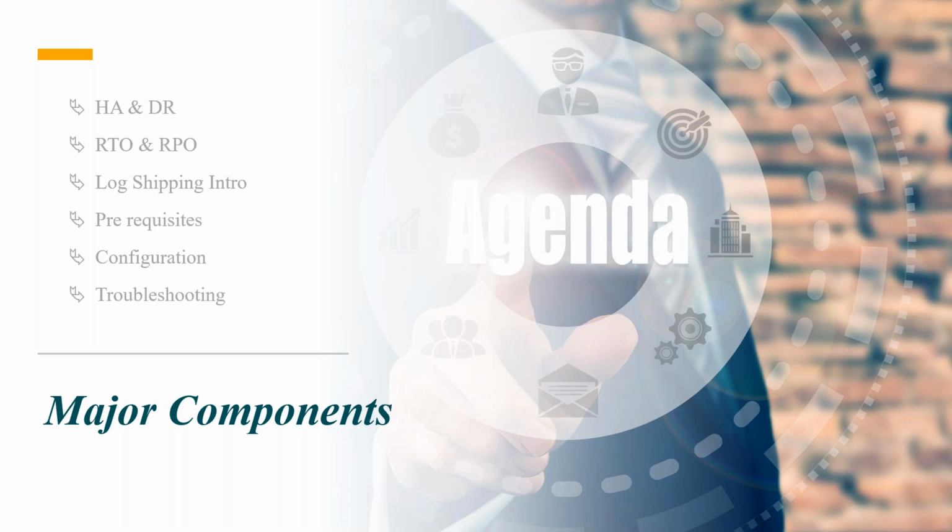So first of all, before we go and discuss log shipping, let me brief about what is HA, what is DR. Anyone, any idea? Online people, what is high availability and what is disaster recovery?